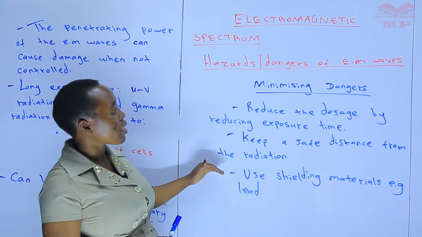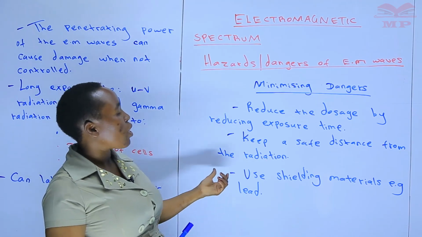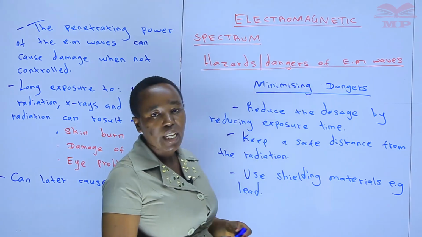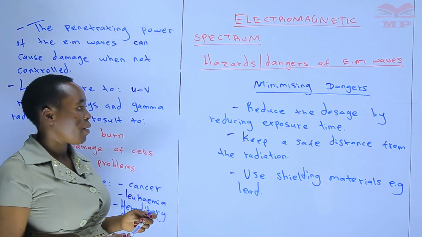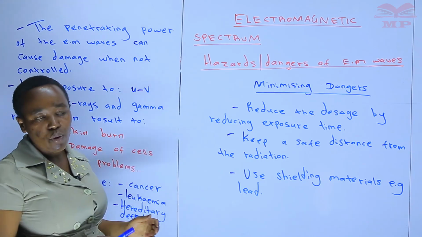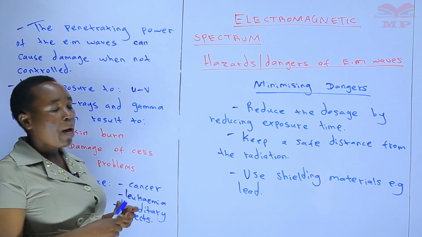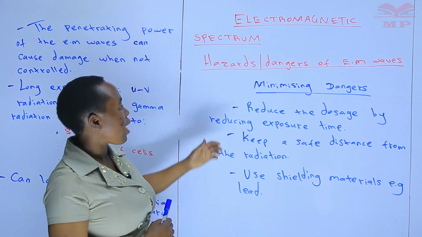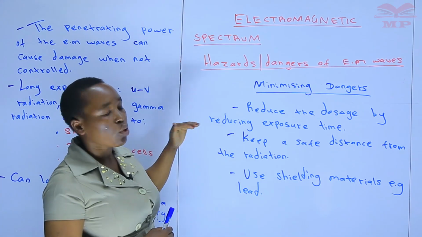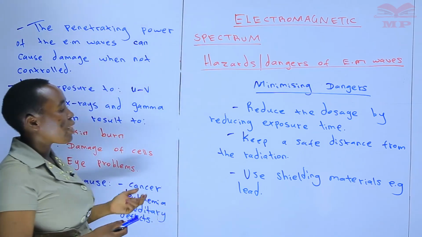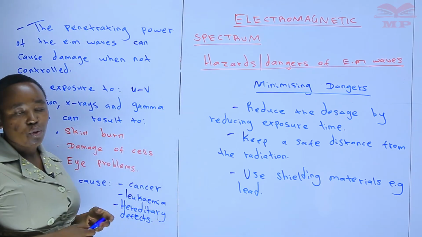So those are ways in which we can minimize the exposure, or we can minimize those dangers of the electromagnetic waves. Because we have seen that despite the fact that they have so many uses, so many of them we apply in our day-to-day lives, again, when they are not used in a controlled amount, they can lead to various dangers, and therefore it's always good to control them.